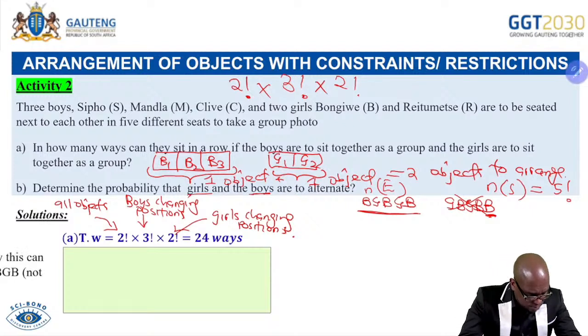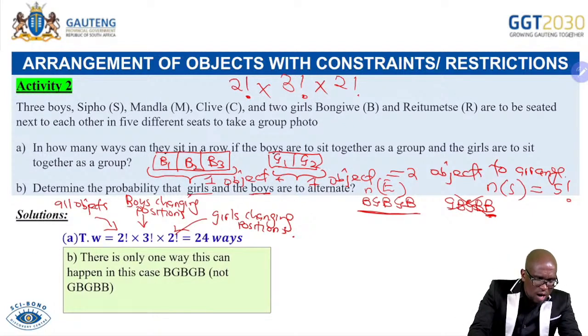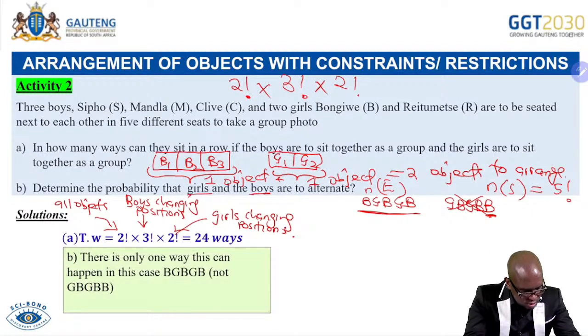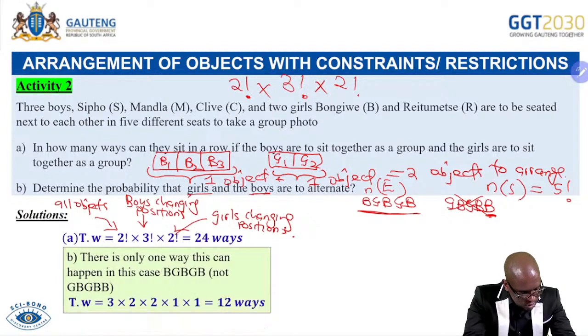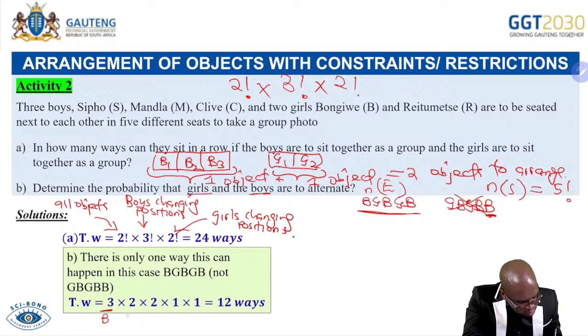Let's check here. There's only one way this can happen. It's boy, girl, boy. Let's check. Remember, this is boy 1 position, boy 2 position, as well as what? Boy 3, because they alternate. So this one would be girl, this one would be girl.